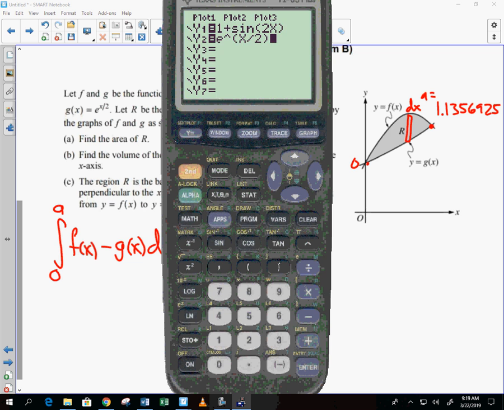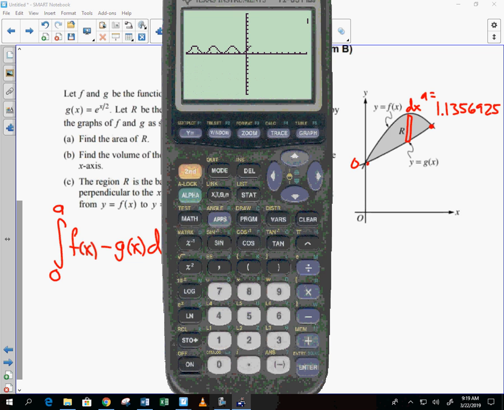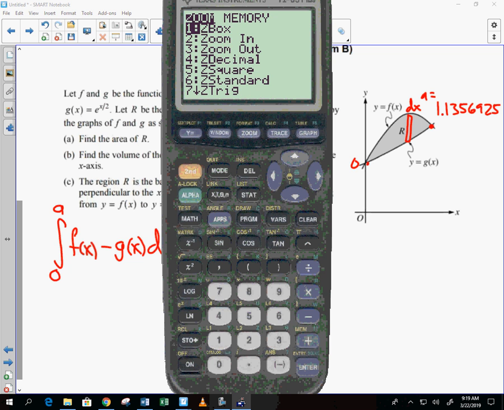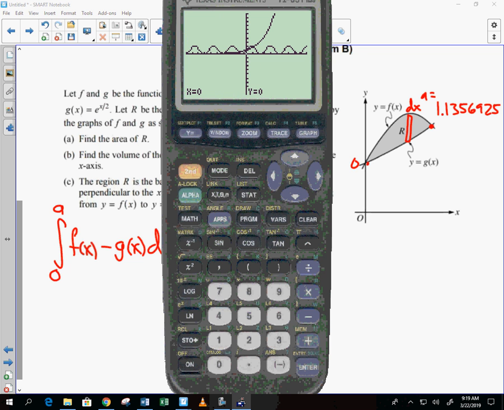I'm going to zoom standard, zoom 6. It looks like this is the little region right there. It's very tough to see, so I'm going to zoom as a box. You can see as I zoom as a box, I get the shape.